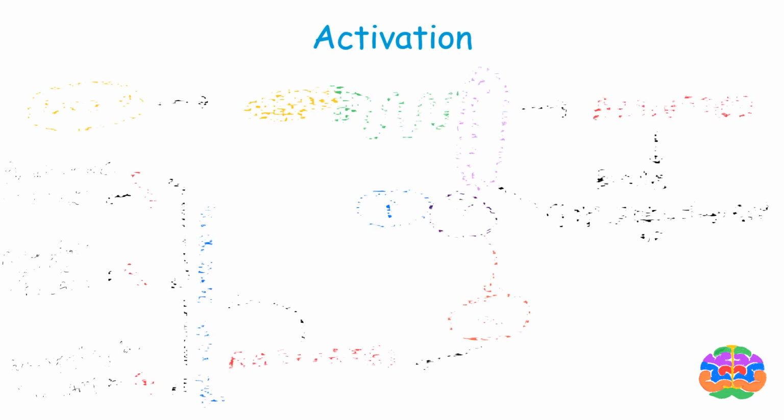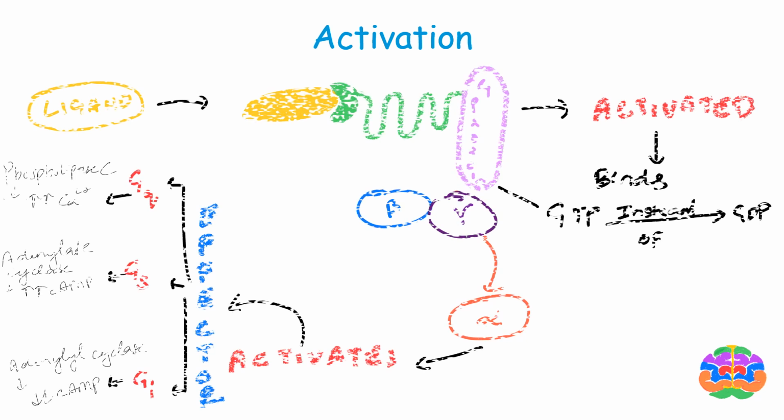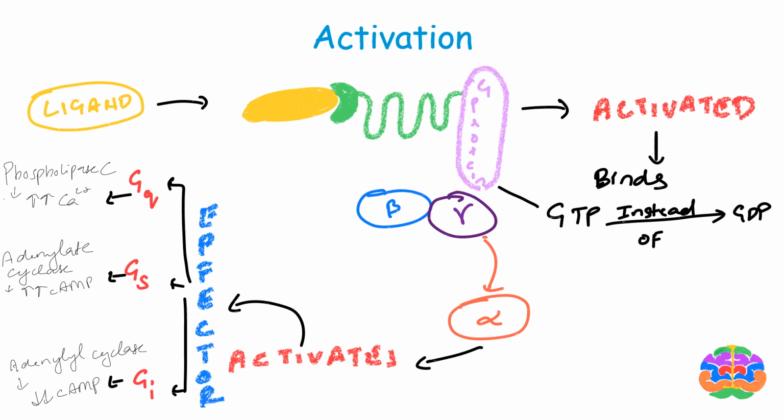So how are these G protein coupled receptors activated? Let's see. So first, the hydrophilic extracellular ligand, which could be a hormone or any molecule that activates a G protein coupled receptor, comes and is recognized by the receptor and therefore gets bound to the receptor, which causes a conformational change.